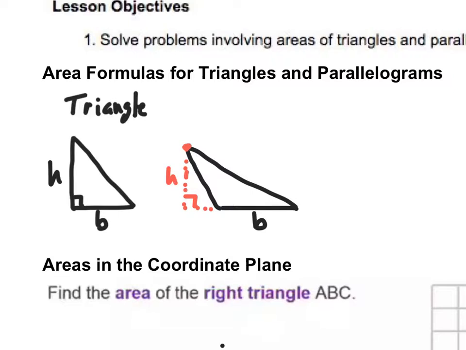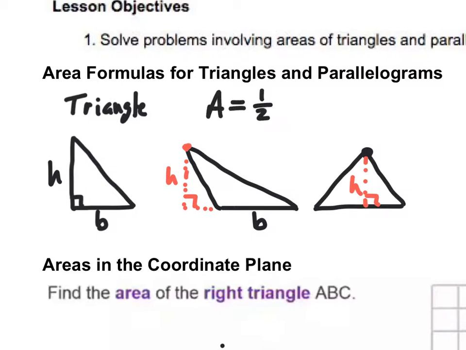The other one that I want to draw is a triangle that looks like that. I'm going to draw the height down like so, and that makes a right angle, and we have our height there. So our formula for the area is equal to 1/2 times the base times the height.